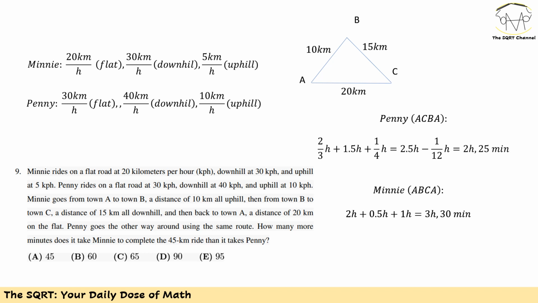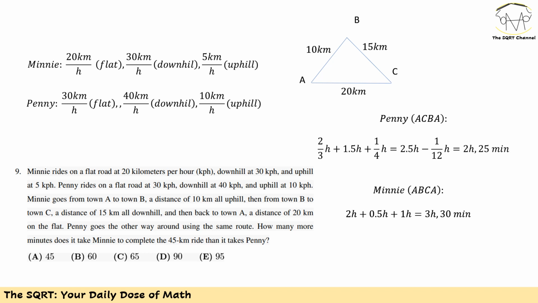Now let's focus on Penny. Penny is going to take the road from A to C and then B to A. A to C is 20 kilometers, and we know that it's flat, and the speed for Penny is going to be 30 kilometers per hour, so it's going to take 2 over 3 hours.